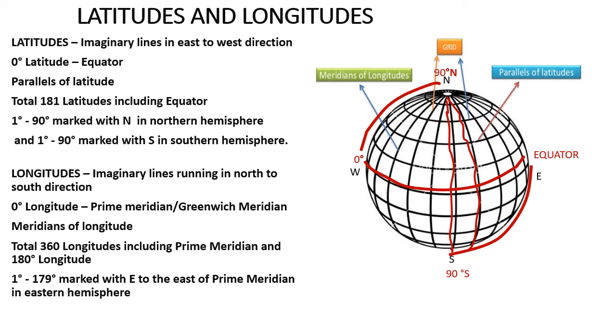So all the lines of longitude which lie to the east of prime meridian, from 1° to 179° between 0 to 180° longitude, marked with E, lie in eastern hemisphere, and the longitude from 1° to 179° marked with W to the west of prime meridian lie in western hemisphere.